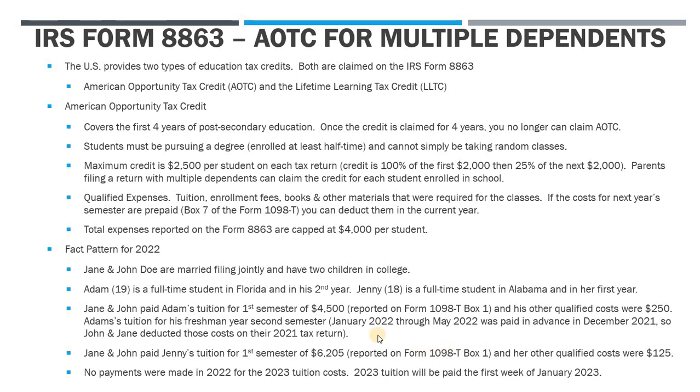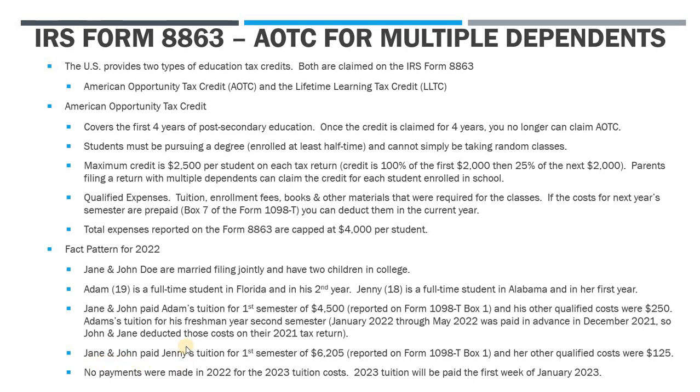The reason why that's important is because even though Adam was enrolled in spring 2022, and arguably tuition covered that period, those amounts are not going to be in the 2022 1098-T. That's because John and Jane paid it in 2021. They've already claimed those amounts on the 8863 in 2021.